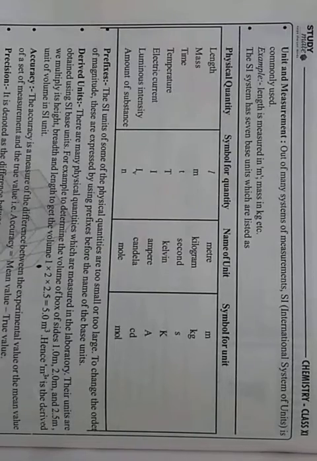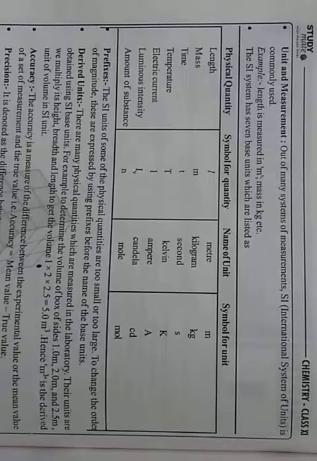Kindly consider them and keep these basic units in your mind. There are 7 basic physical quantities, and all the units of measurement are based on them. Length: SI unit meter, symbol m.